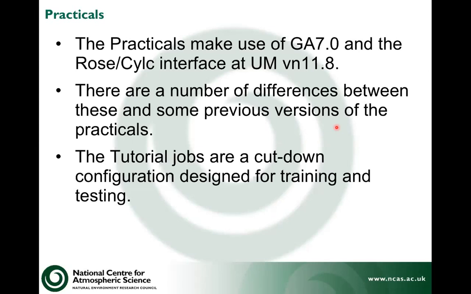In terms of how it runs, it just runs a 3-hour job in about 7 or 8 minutes. It won't allow for cycling to let you do multiple days. It has a low model top at around 40 kilometres, and it has a coarse resolution of N48 L38. Most climate jobs that you run will be at least N96 L85.